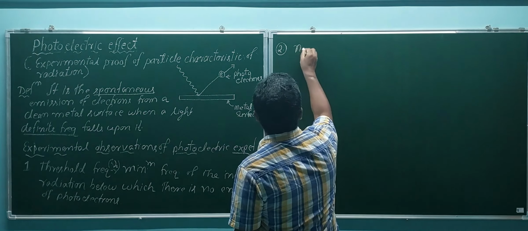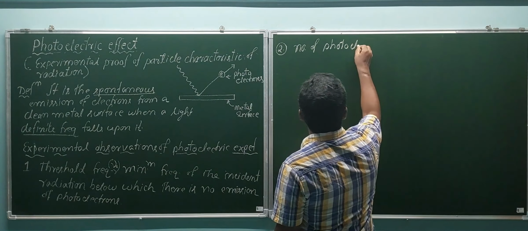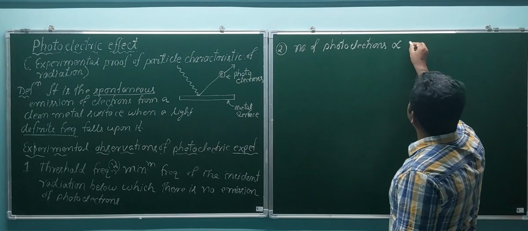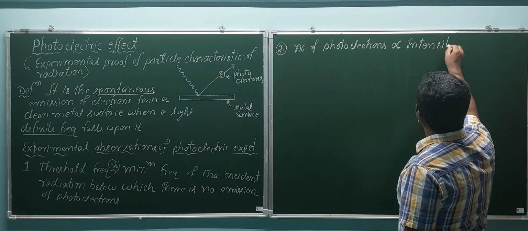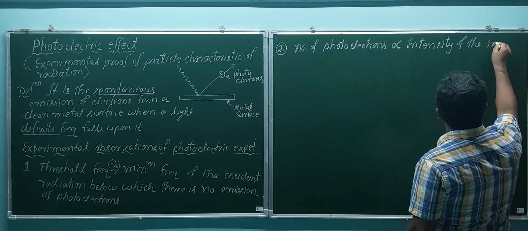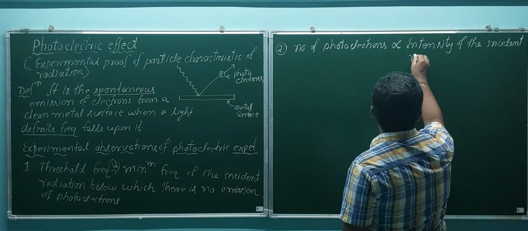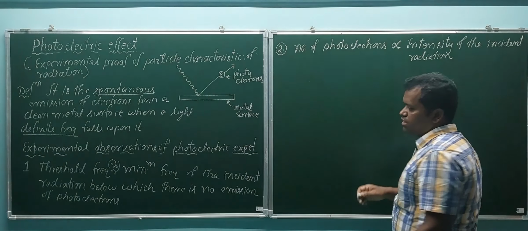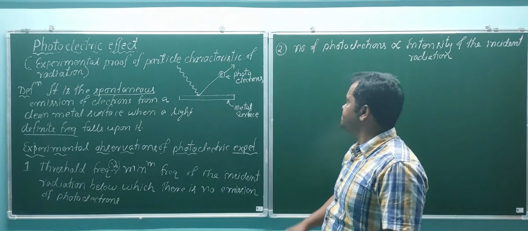That is, the number of photoelectrons is directly proportional to the intensity of the incident radiation. That is, when the intensity increases, the number of photoelectrons also increases.